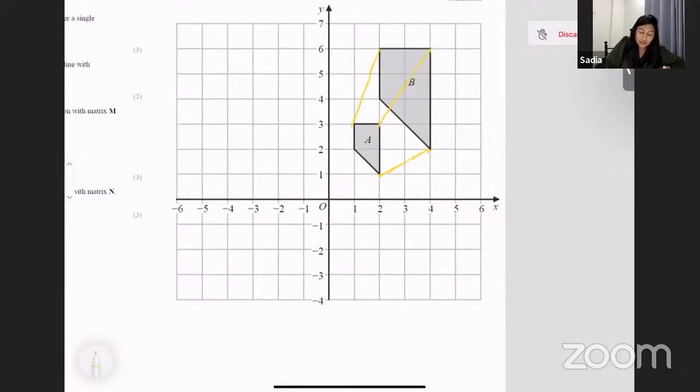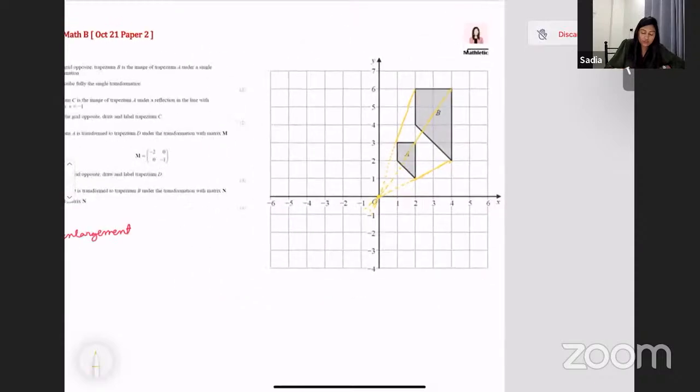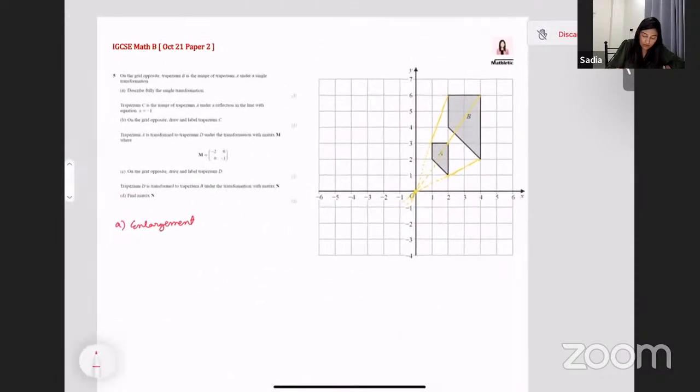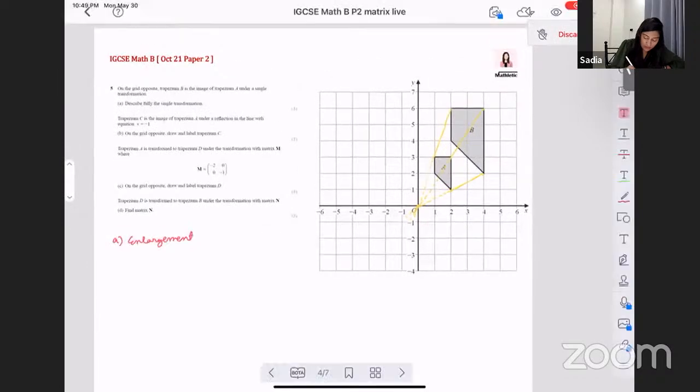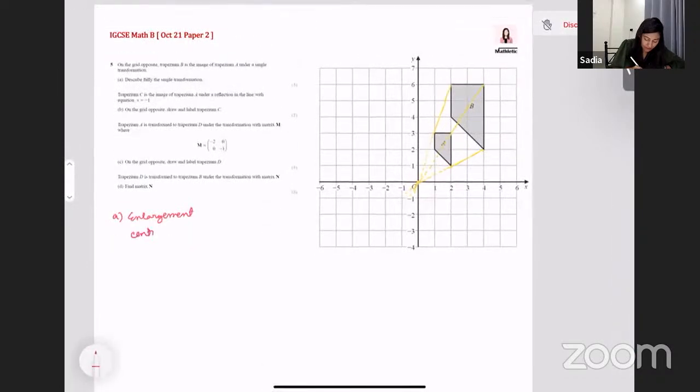When you see that the lines after joining the corresponding points are not intersecting, you need to extend them. So using the scale, you extend them and you will see every line passes through the origin. So the center in our case is 0, 0.